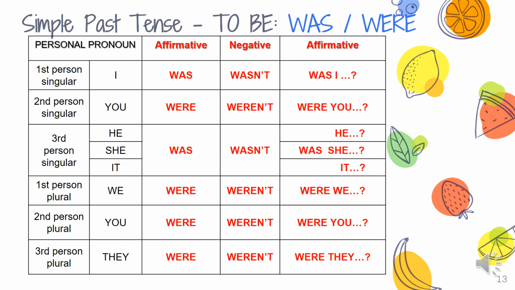I was, you were, he was, she was, it was, we were, you were, they were. We can then say I wasn't, you weren't, he, she, it wasn't, we, you, they weren't.